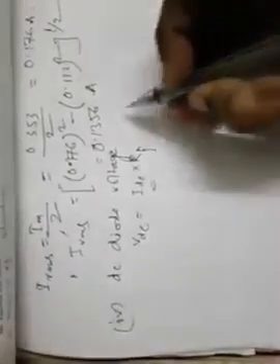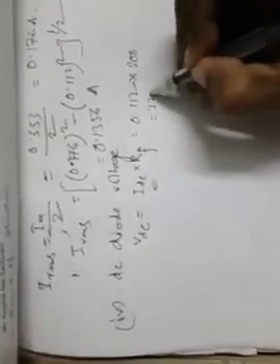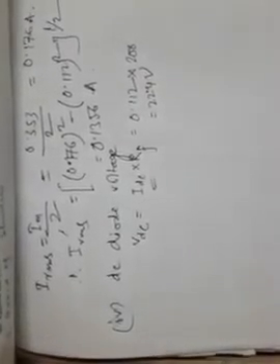So if we multiply IDC into RF, V equal to IR, just simply applying the Ohm's law for the diode, we can calculate 0.112 as IDC into 200 ohm. This is 22.4 volt. So this is the DC diode voltage by the application of simple Ohm's law.